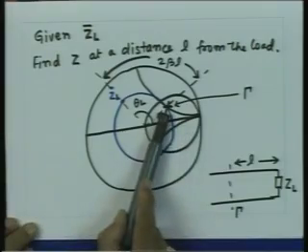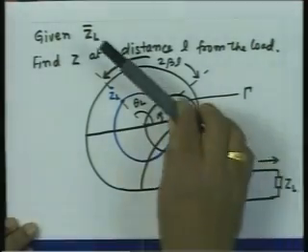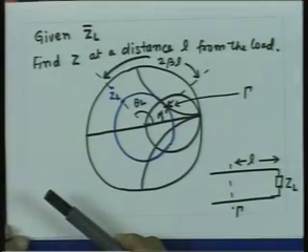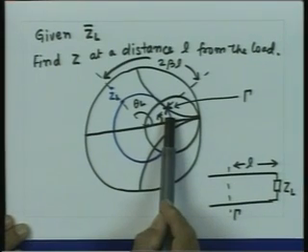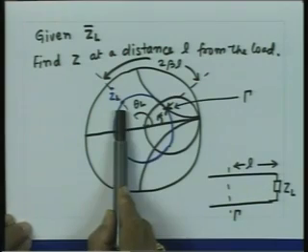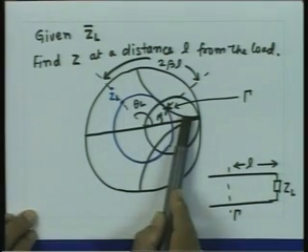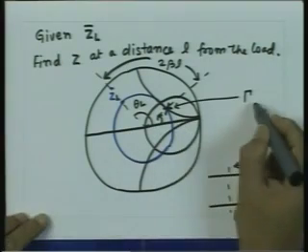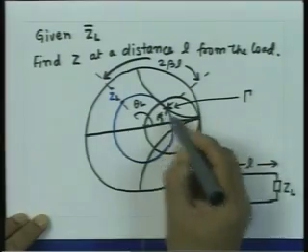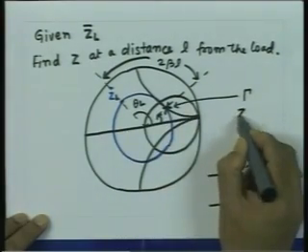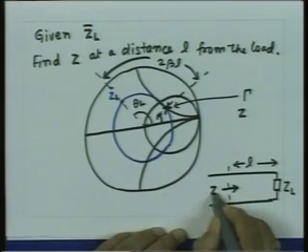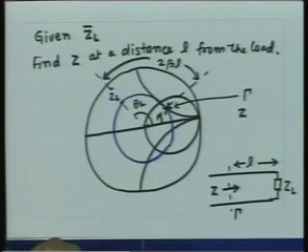Once I get the reflection coefficient at this point, I can just find out which constant resistance and constant reactance circles are passing through this point, and I can read off those values. So, I can get the impedance corresponding to this point, which is nothing but the transformed impedance at a distance L from the load. This point represents gamma at a distance L, and if I read off the value of the impedance, that will be the impedance at that point at a distance L. So, this here is the impedance Z which we will see at this point.